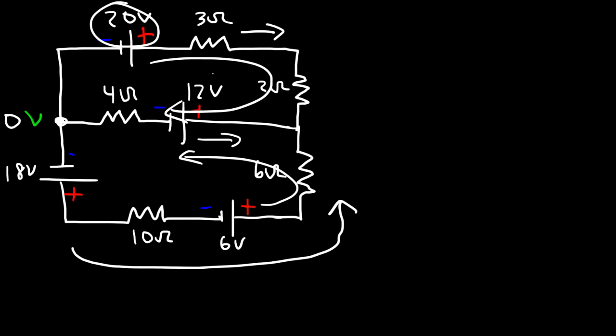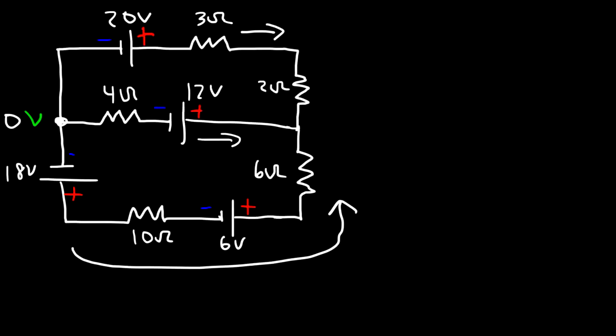So it makes sense that the current in this branch is going in that direction towards the left, because the 24-volt battery wants to send current in this direction, which is greater than the 12-volt battery, and the 20-volt battery also wants to send current in that direction, which is greater than the 12-volt battery. So I believe there's going to be a net current going in this direction.